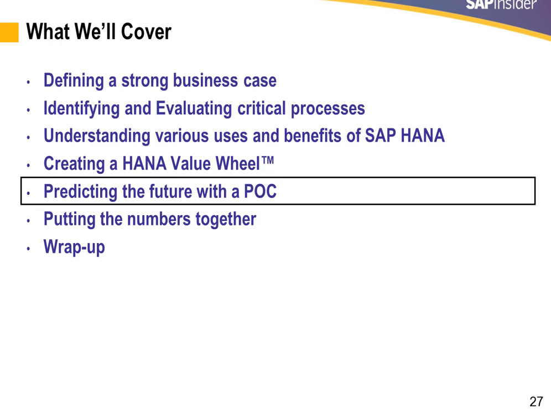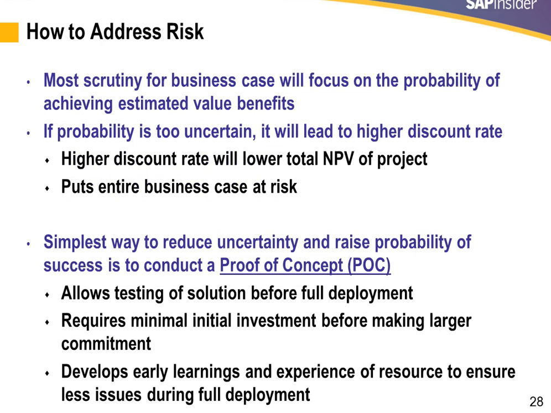Well, we recommend doing a proof of concept because that also factors into the whole risk and probability component of building out that business case. People say, well, if you could achieve this, then we'd get this much business value or return on investment out of it. But maybe they're skeptical that it could really be done, or maybe they don't really know if it's technically achievable, based on some complexities they have in their landscape.